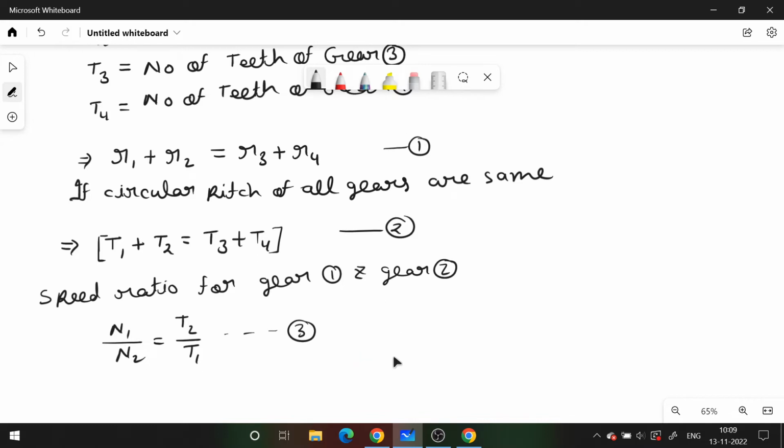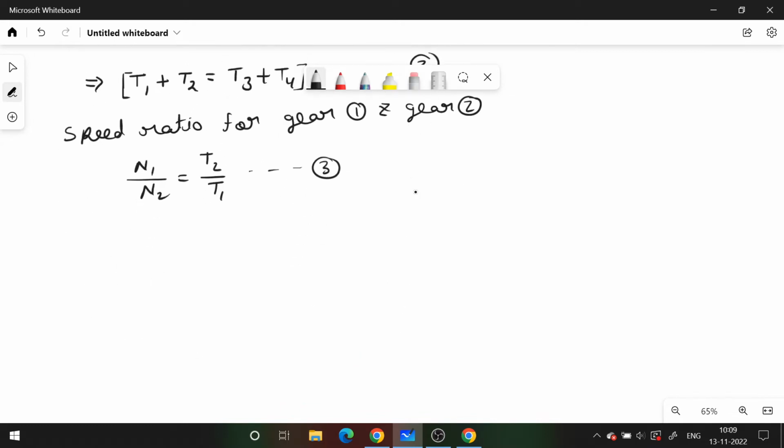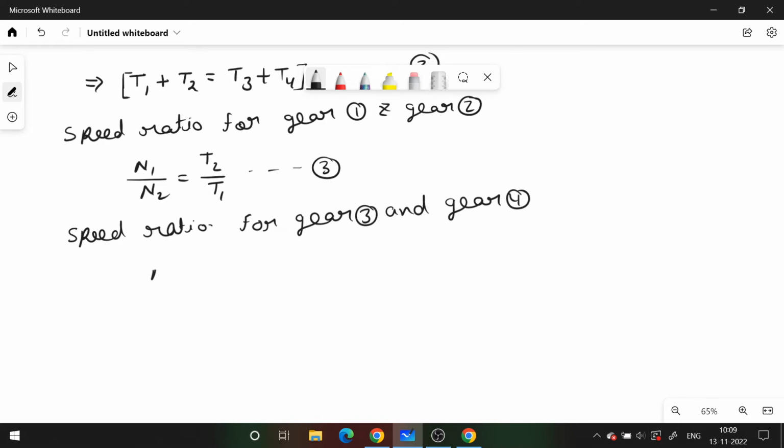And the speed ratio for gears 3 and 4: N3 by N4 will be equal to T4 by T3. Equation number 4.